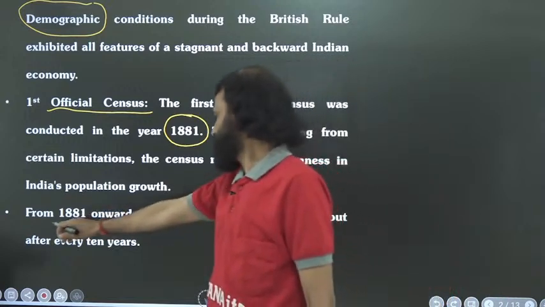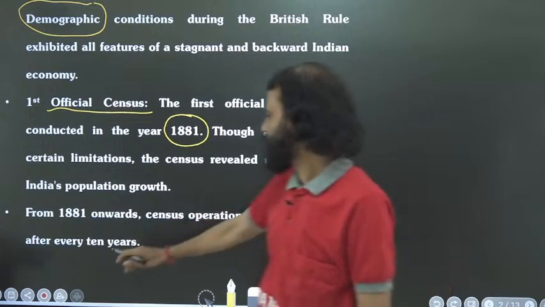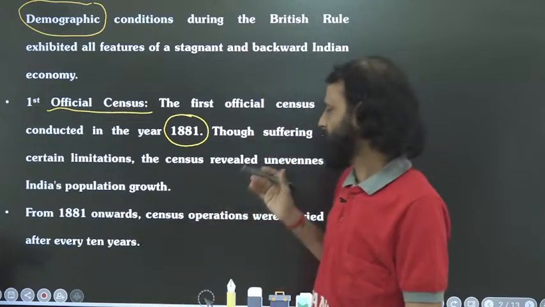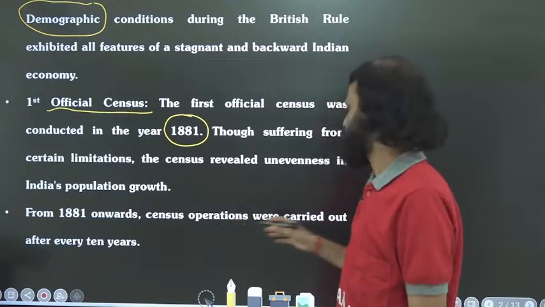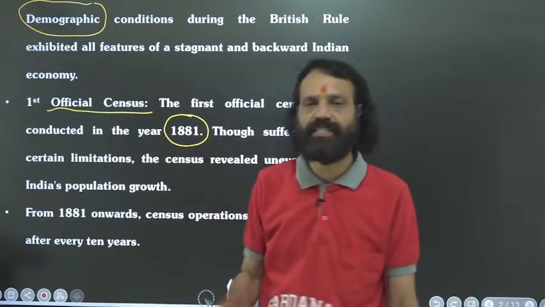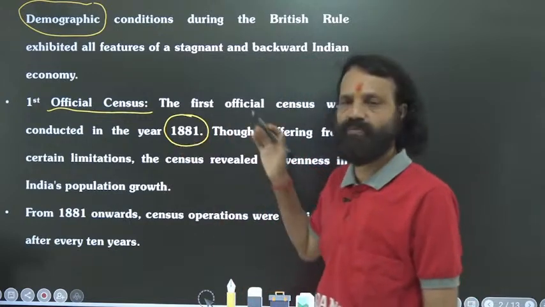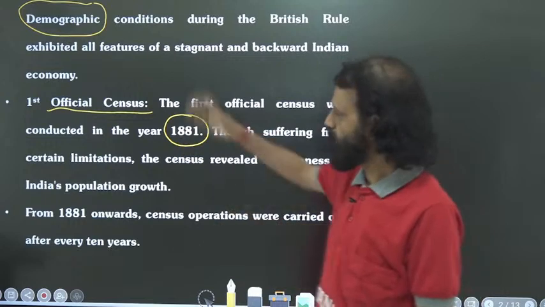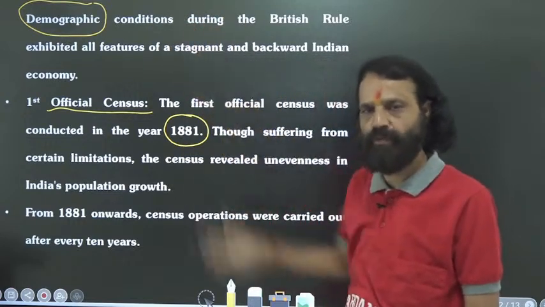From 1881 onwards, the census operations were carried out after every 10 years. The first census in India took place in 1881. Demography is the study of population.